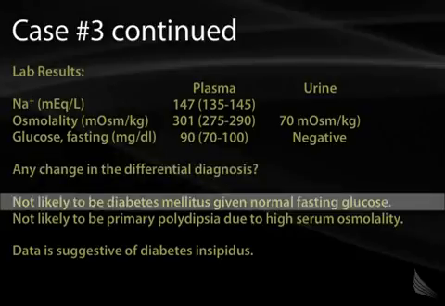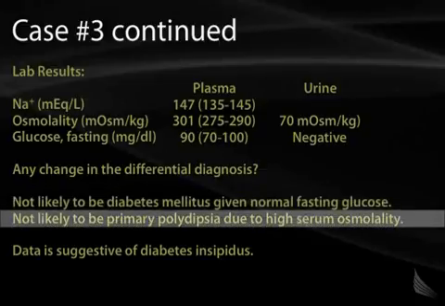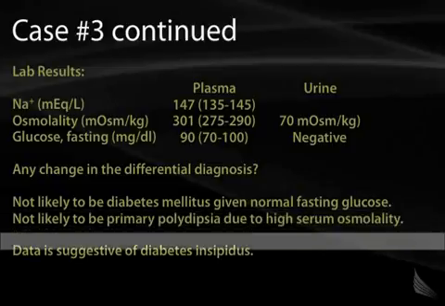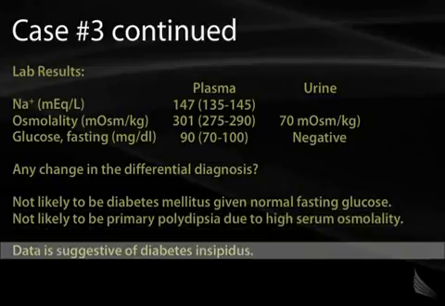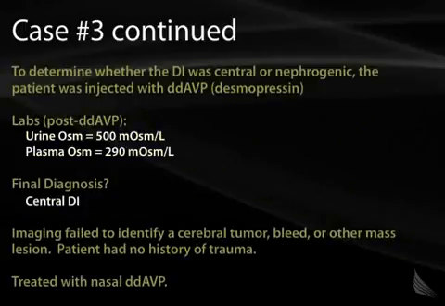Based on the serum glucose concentration, we can effectively rule out diabetes as a cause. Based on the elevated serum sodium concentration and an inappropriately low urine osmolality, this suggests that the primary defect is in the kidney's ability to retain water. Thus, the data is suggestive of diabetes insipidus.